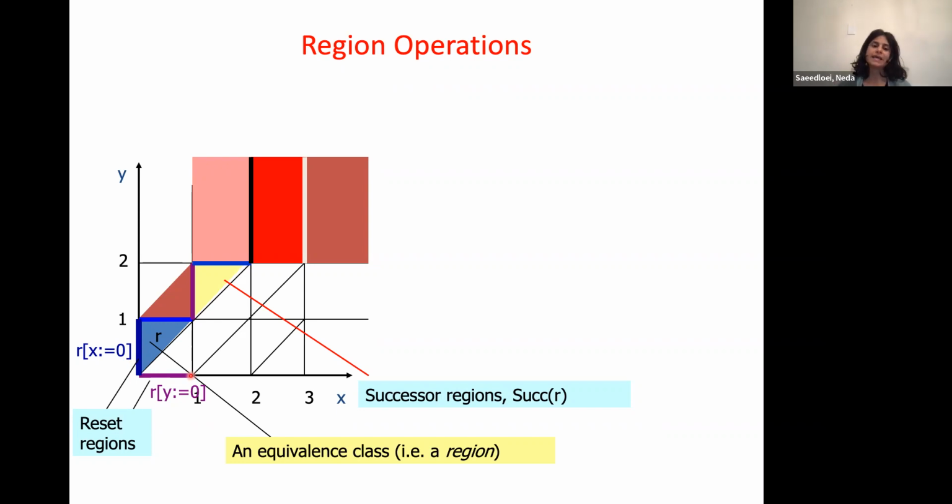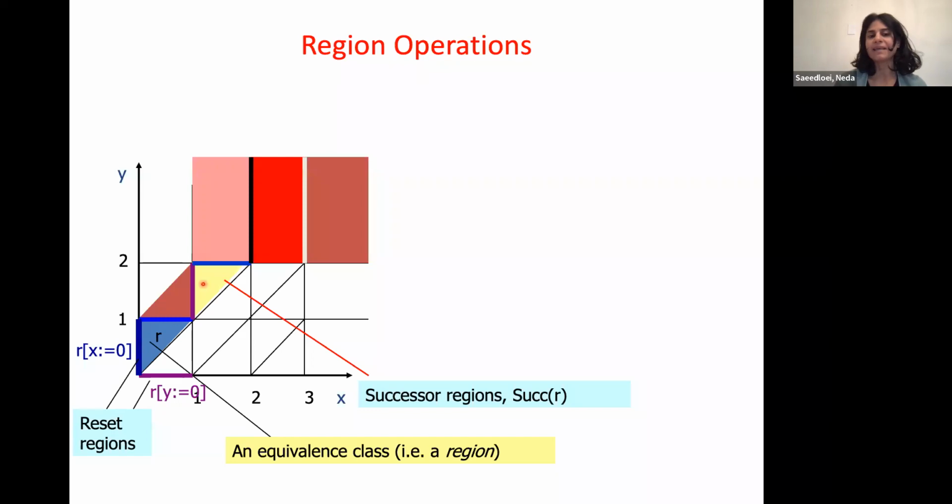So now let's say enough time elapses so that, initially X and Y are between 0 and 1, and enough time has elapsed so that the value of X is between 1 and 2, and the value of Y is between 1 and 2 also.